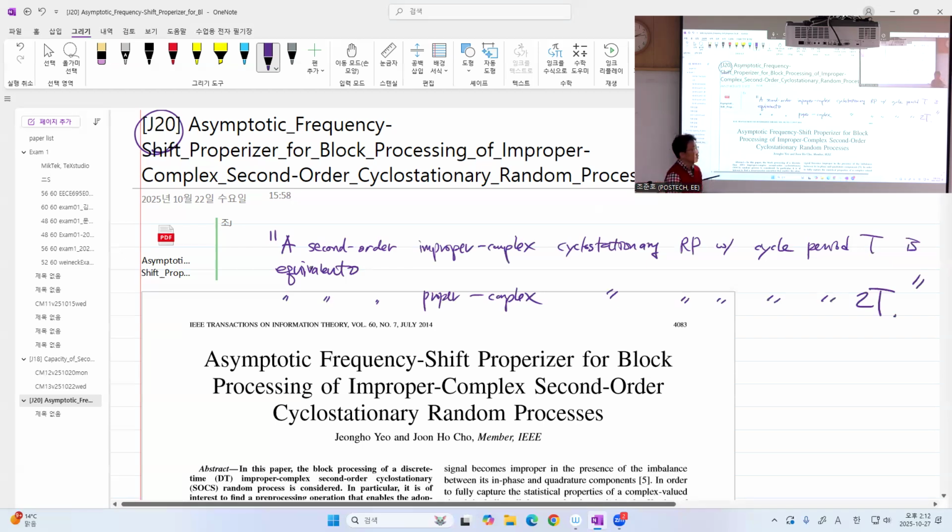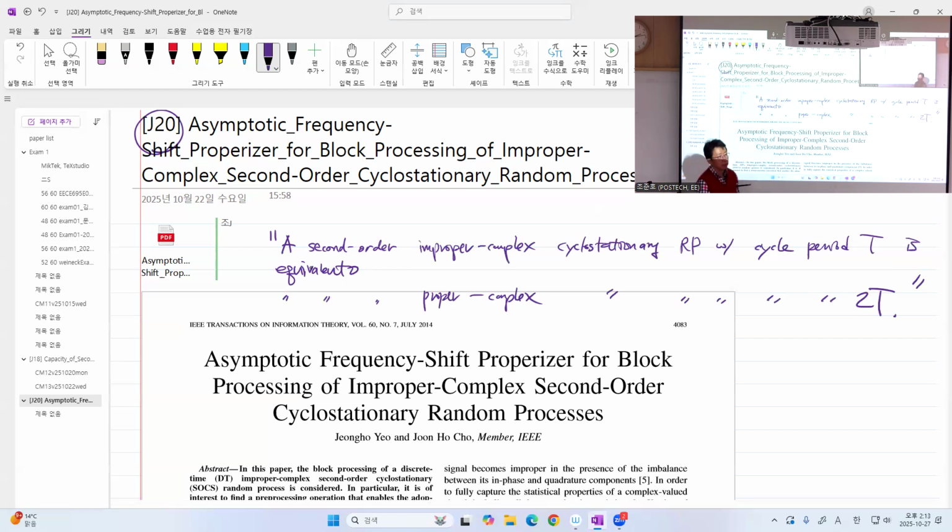So this is the surprising discovery found through this work.